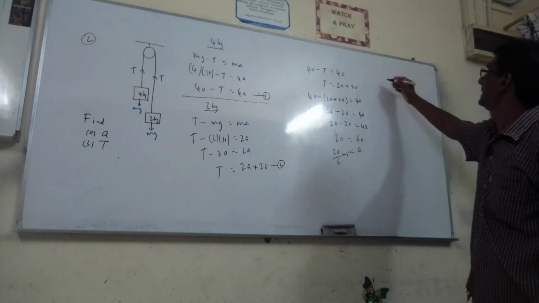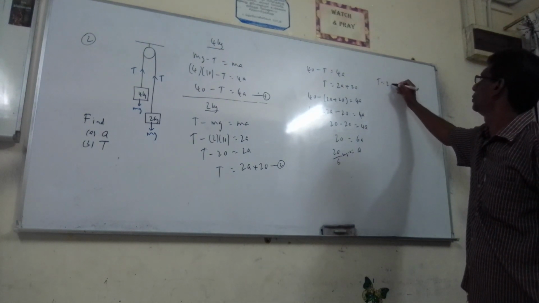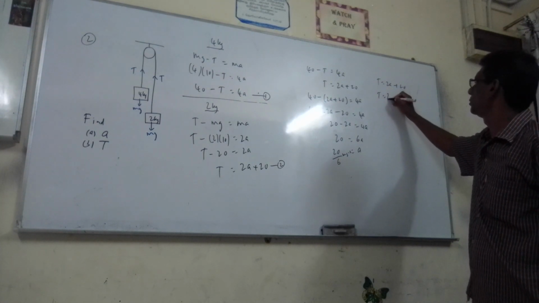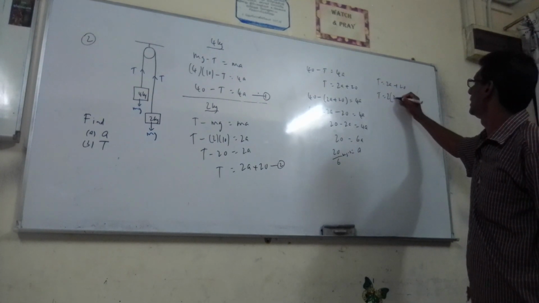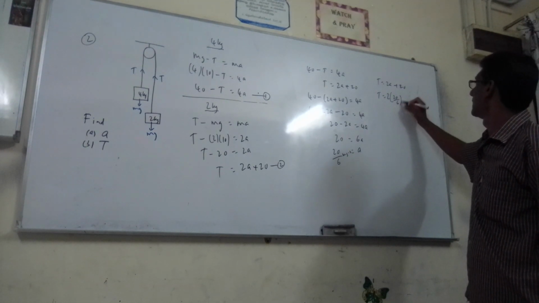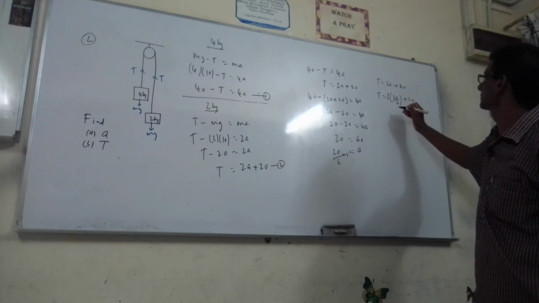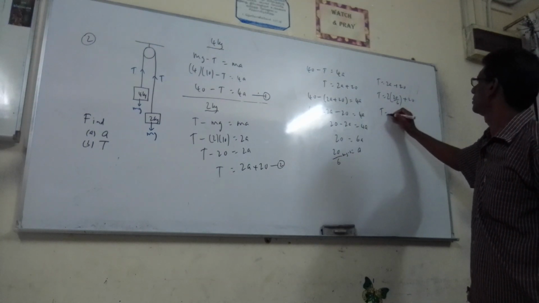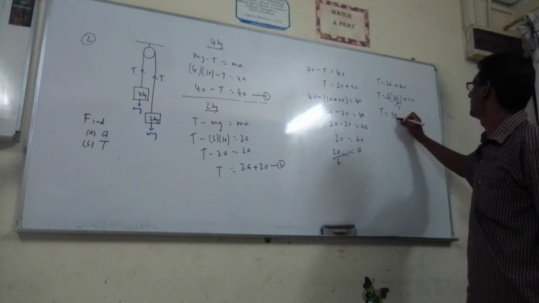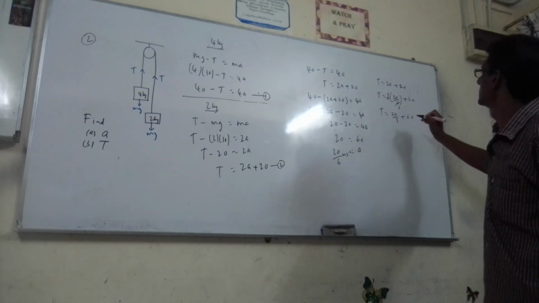Then we replace the T: T equals 2a plus 20, so T equals 20 divided by 3 plus 20.